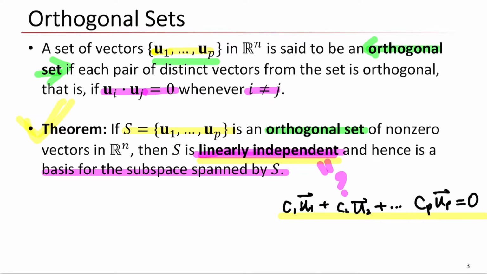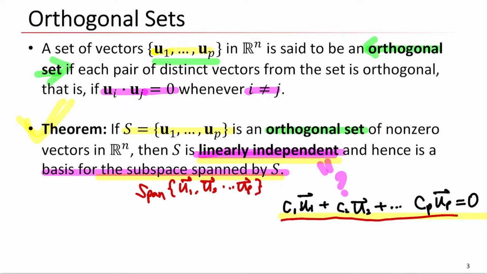So in this case, the subspace spanned by S is the set of linear combinations of the vectors u1 through up, right?